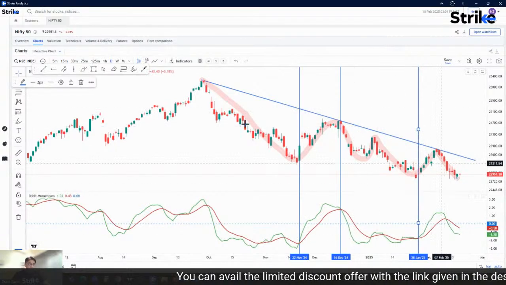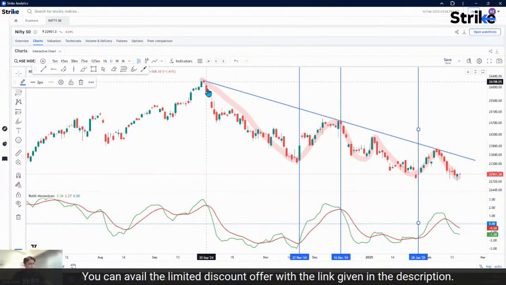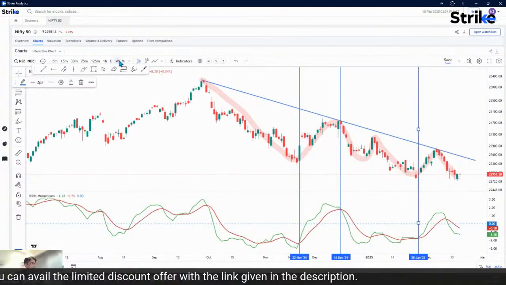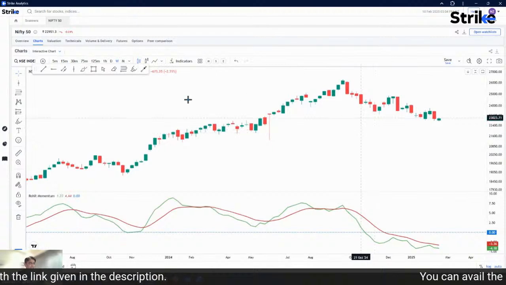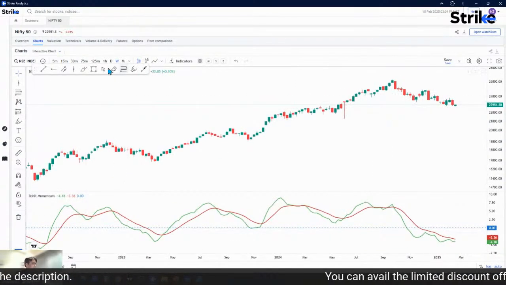And one more thing you can do over here is convert this into a weekly time frame chart. And on a weekly time frame chart, you can see that it will give you lesser signals.